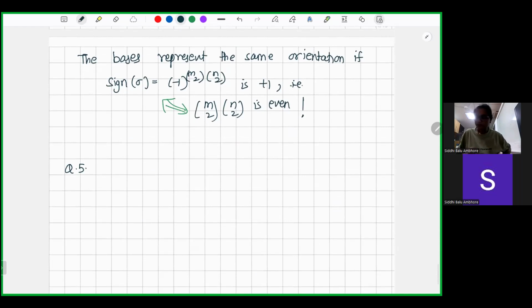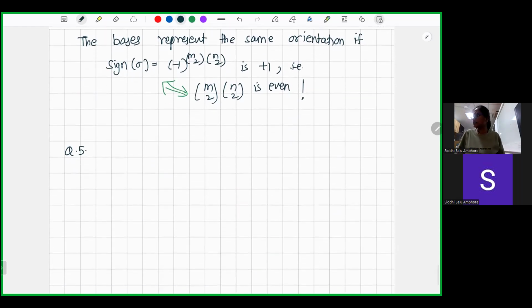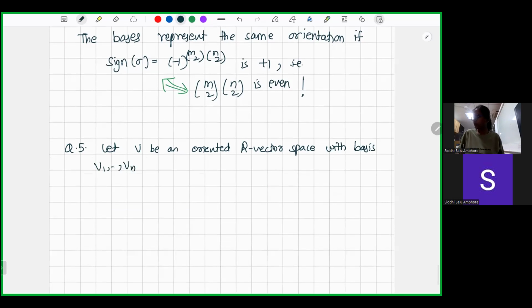One quick question. Let V be an oriented R vector space with basis V1 to Vn, and let 1 ≤ r ≤ n.